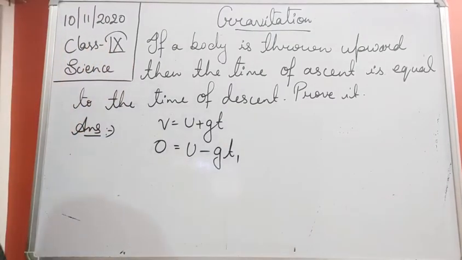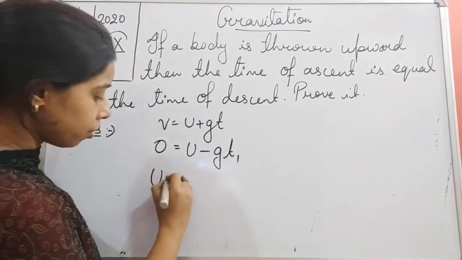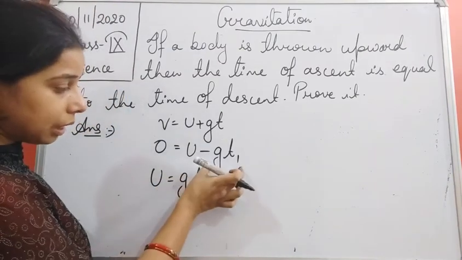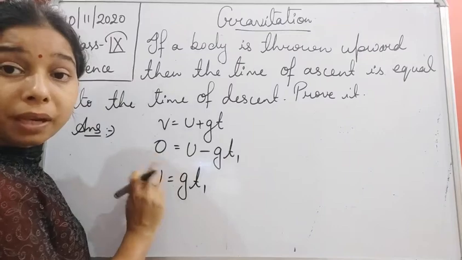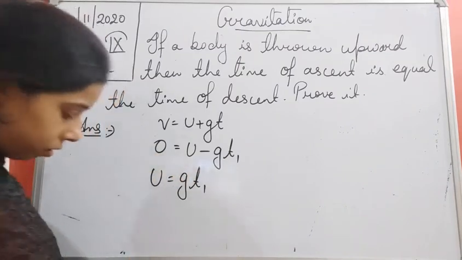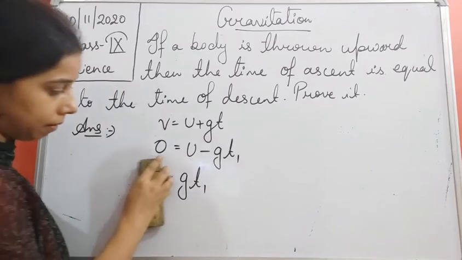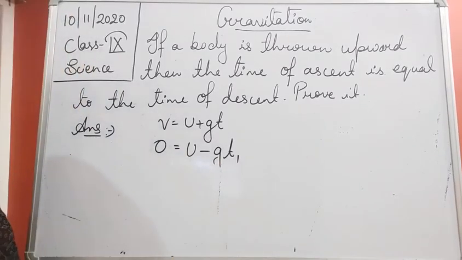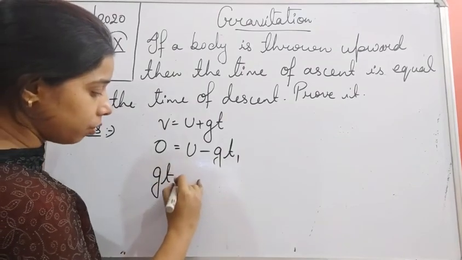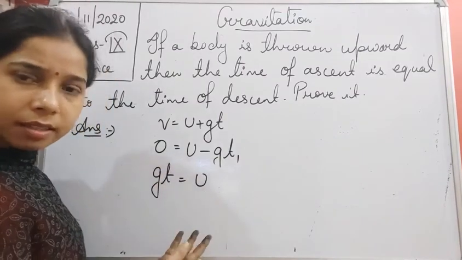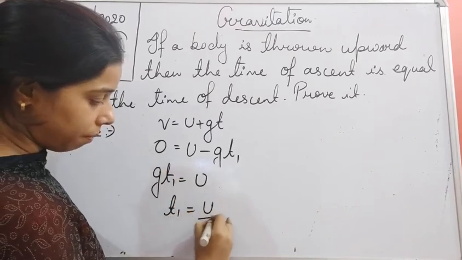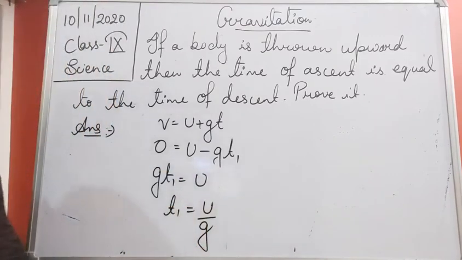Now we can also write it as u is equal to g t1, because when the g t1 goes to the other side, it becomes plus. So u equals g t1, or g t1 equals u, that is the same thing, or t1 is equal to u upon g.